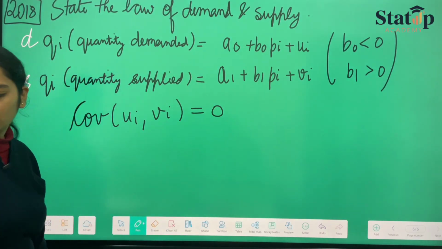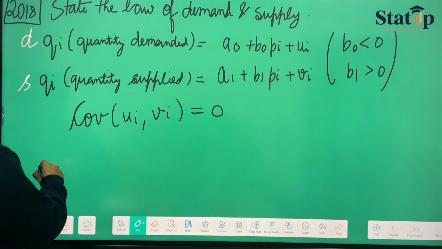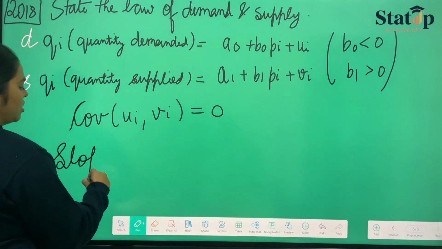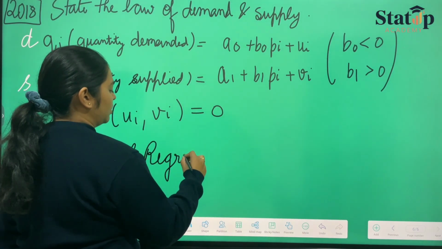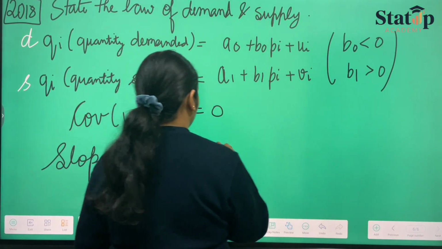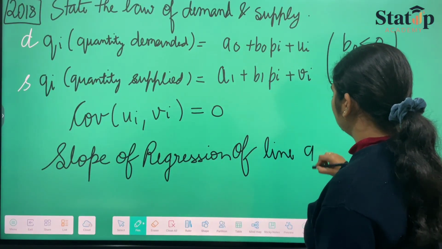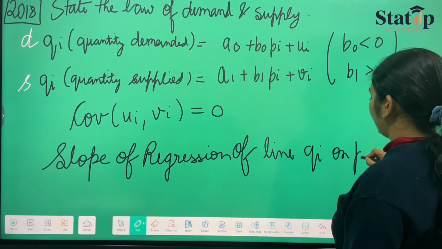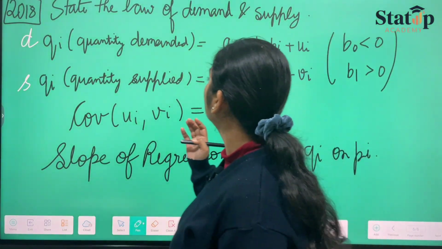That means they are not correlated. Find the slope of regression of line Qi on Pi.